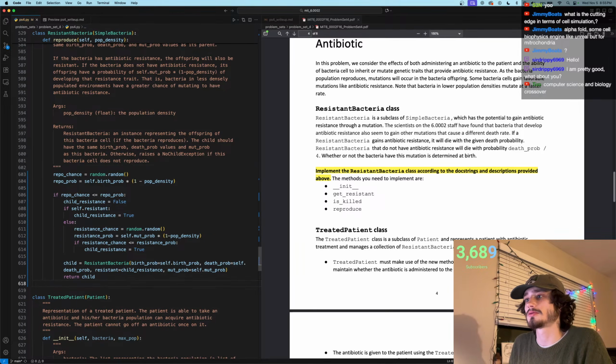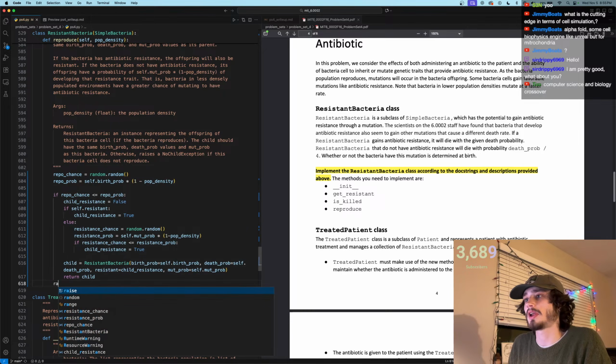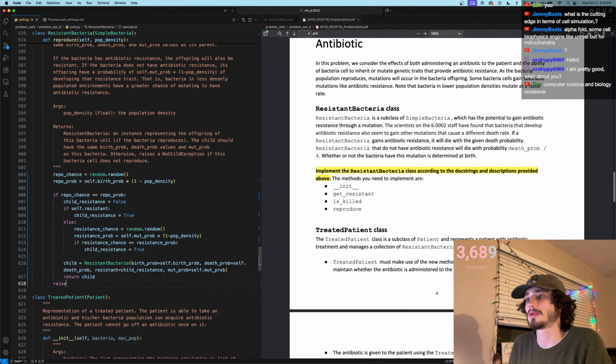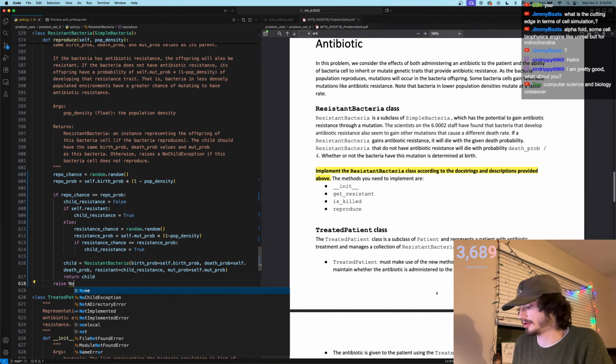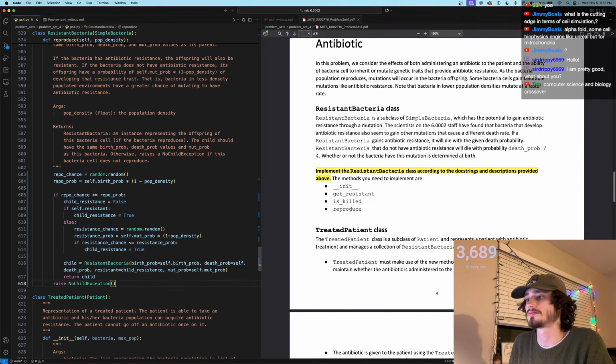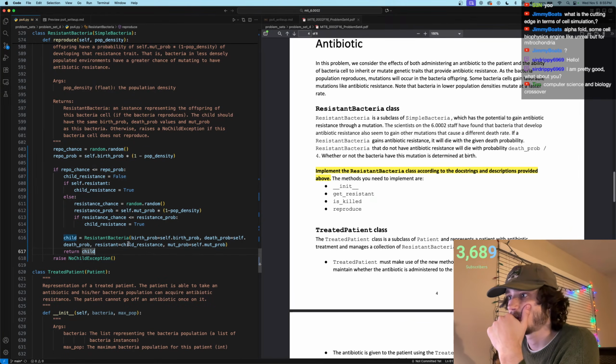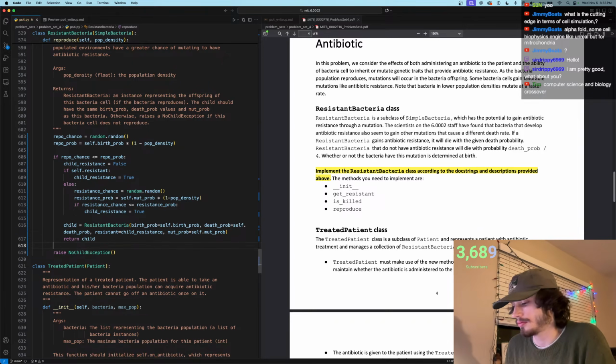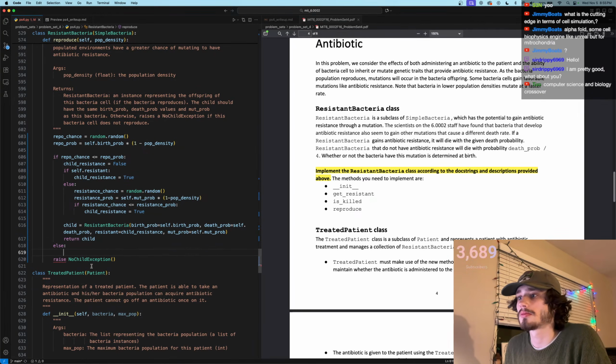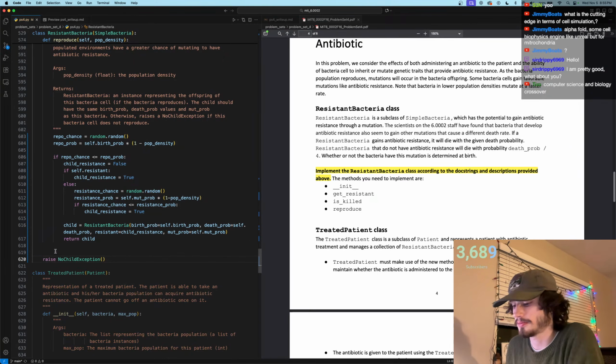Else raise a no child exception. So this if block will always hit this return for a child, so we don't even really need this else, right?